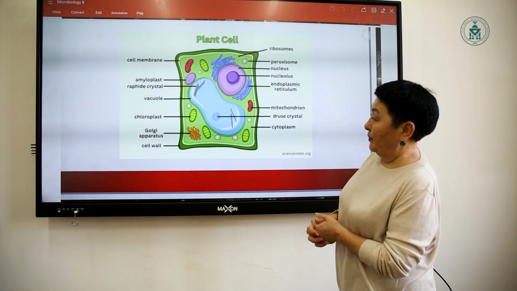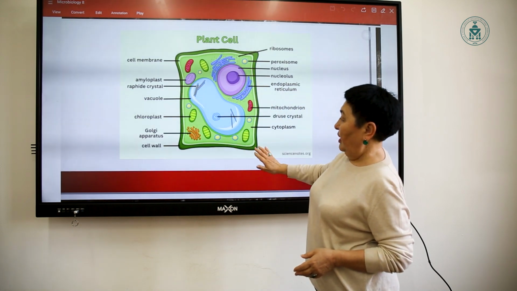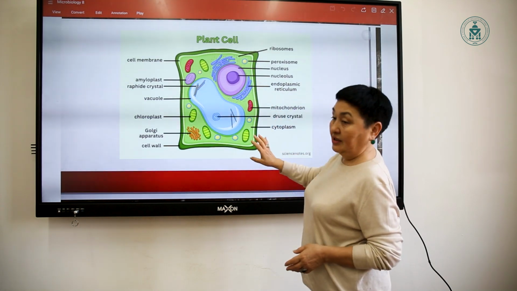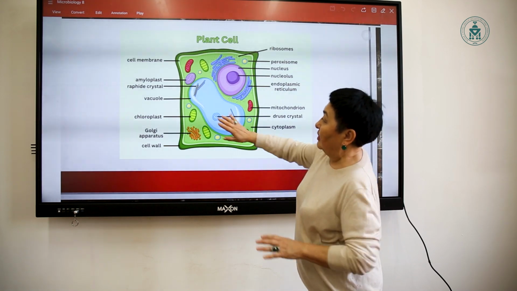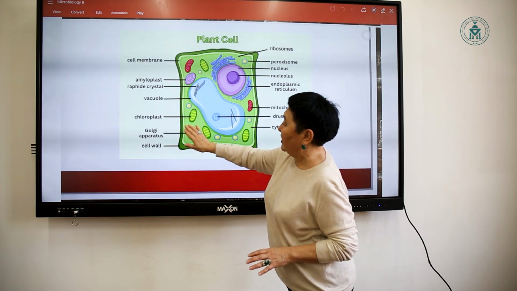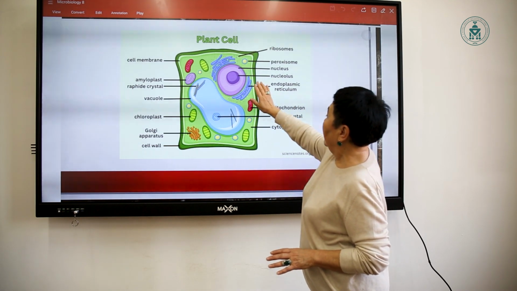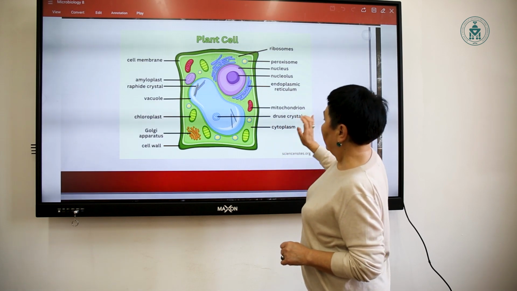As you see, this is the plant cell. It's very colorful, and students can easily differentiate what they are and what it means. Yes, you see, for example, the crystal.